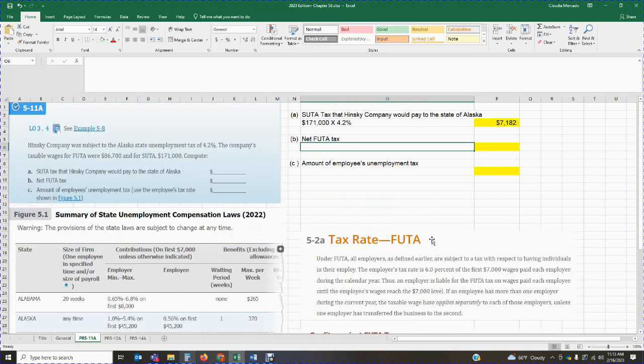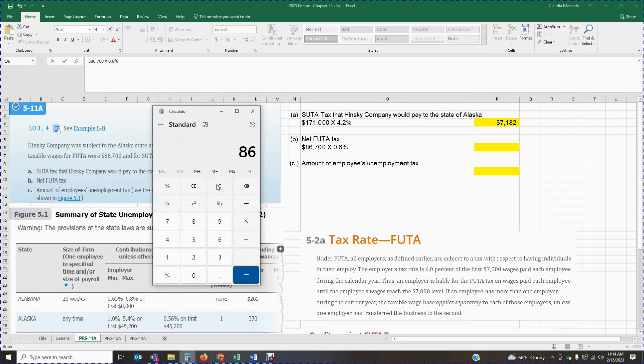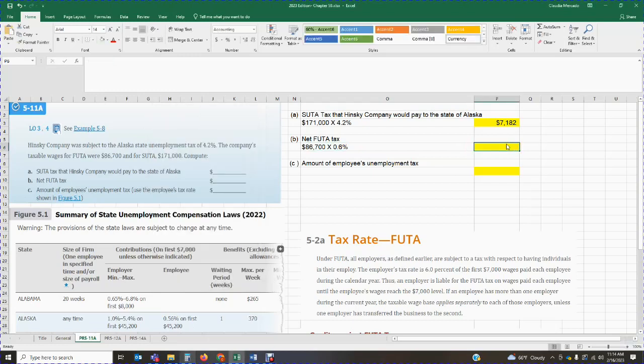Our taxable wages for FUTA tax purposes is 86,700. That is provided to you in the problem. Remember, FUTA is on the first $7,000 of earnings per employee. My rate is 0.6%. Let's see what we get: 86,700 times 0.6% will give me $520.20.